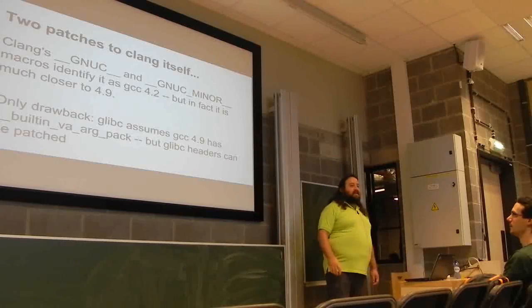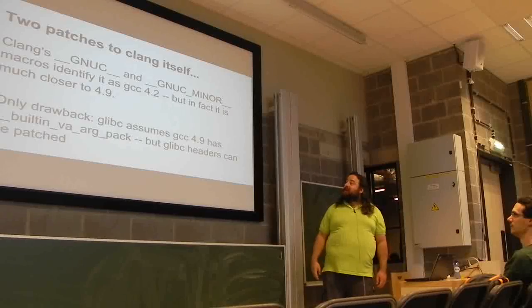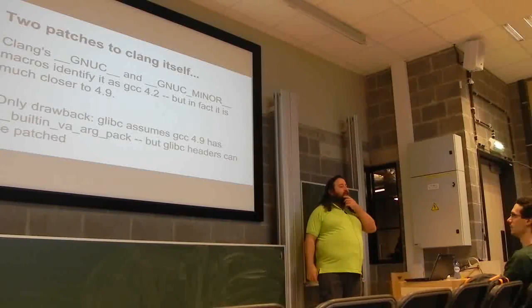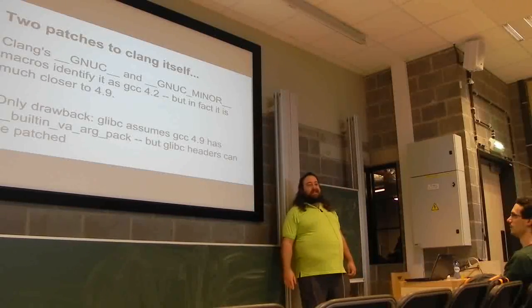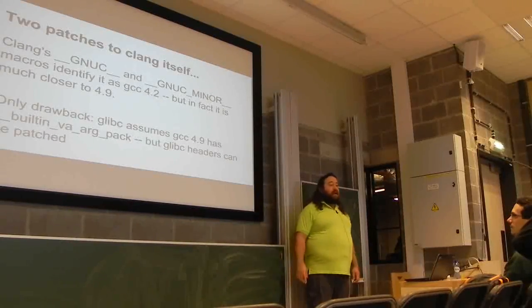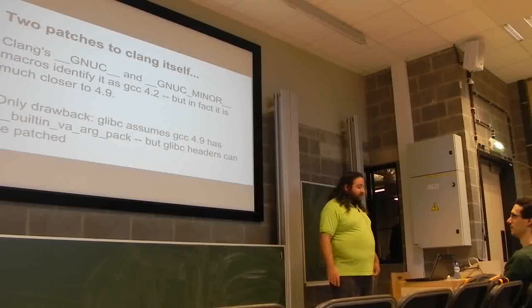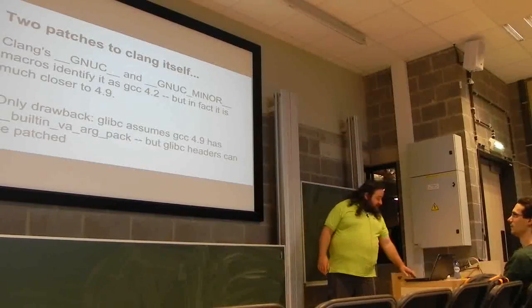But so far that's the only patch we needed to get this 4.9 thing to work. No, actually there was another one in libstdc++ that made some assumptions on compiler standards compliance based on GNU-C version. But those two places are the only things where we had to fix stuff for that.